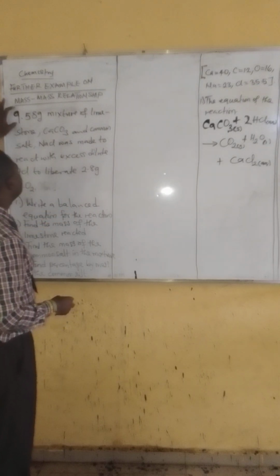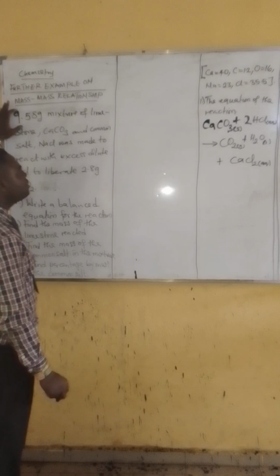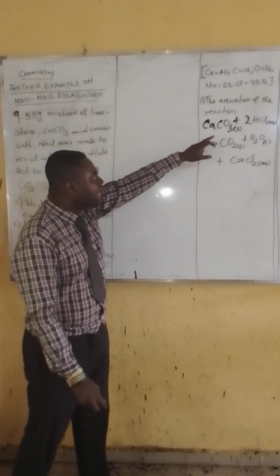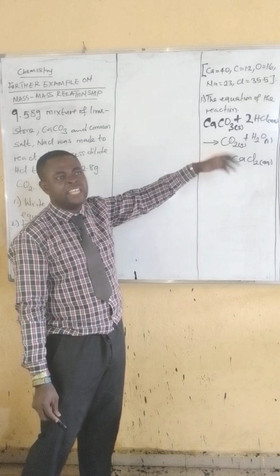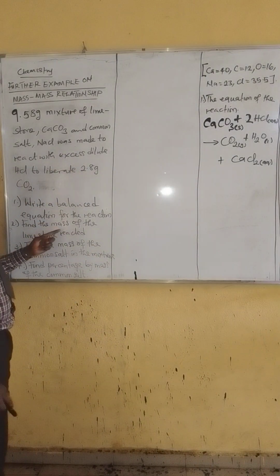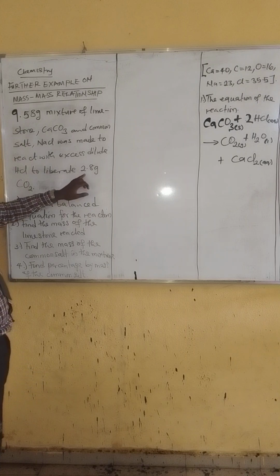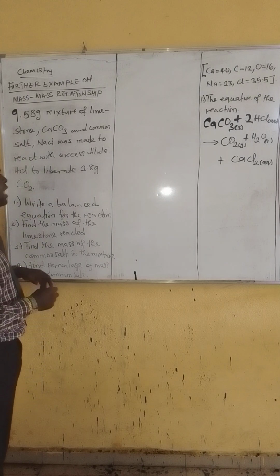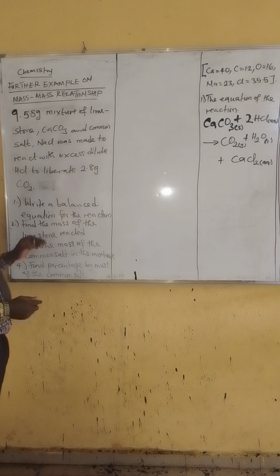But this one will be ignored. Why? Because it is the mass of both pure limestone that is reactive and sodium chloride that is not reactive. It contains impurity. That is why they ask us to find the mass of the limestone that reacted. So out of that mixture, we ignore this one. We know the mass of CO2, then we derive. Now we know a mass and we are asked to find a mass. So that is mass relationship.